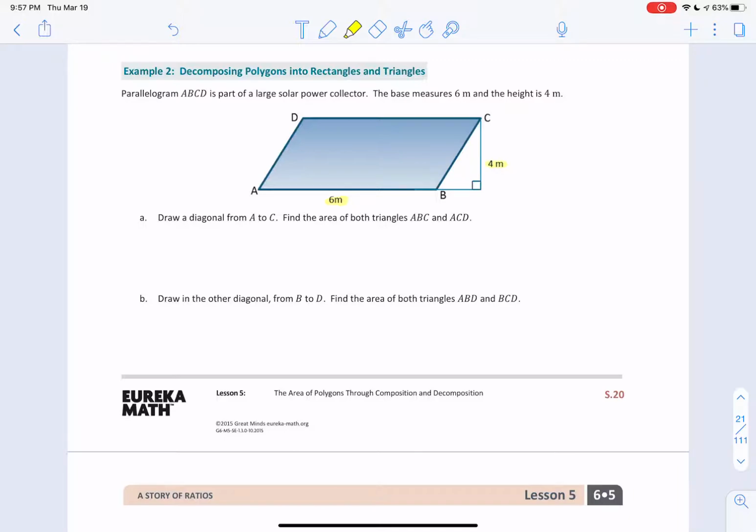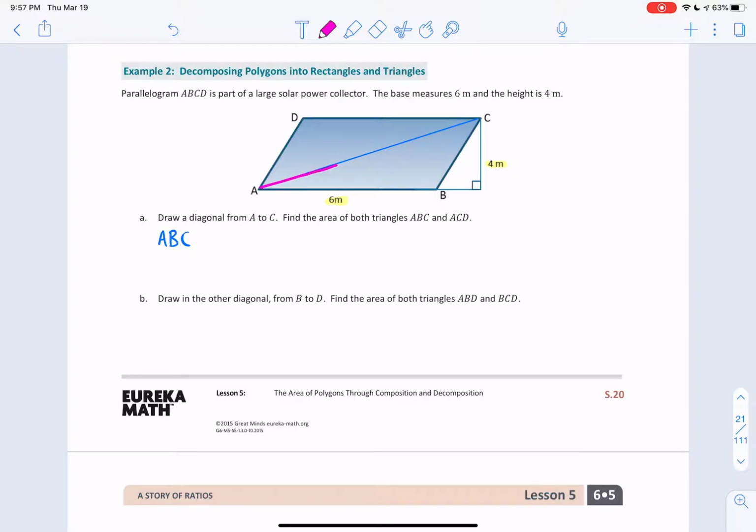Draw a diagonal from A to C. Okay, I'm going to go ahead and draw from here all the way to here. From A to C. Okay, what's the next direction? Find the area of both triangles ABC and ACD. All right, triangle ABC. Triangle ABC is actually this one.